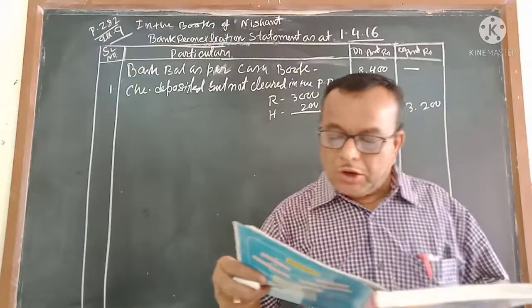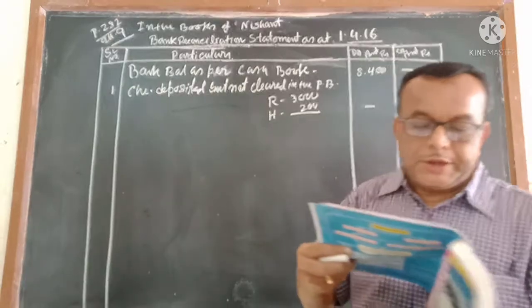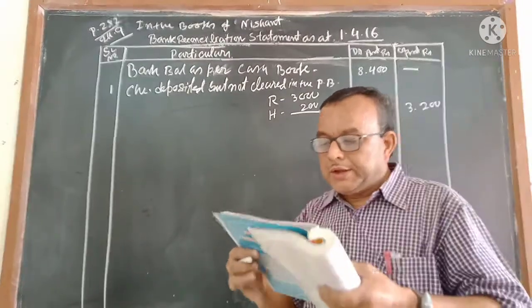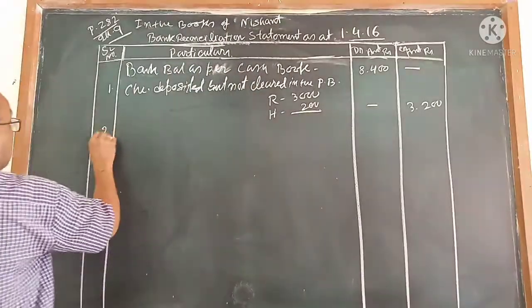Now the passbook credit column, 6,000. Aditya's account was credited. Credited by Aditya. That means check directly deposited but not debited. This is number 2.